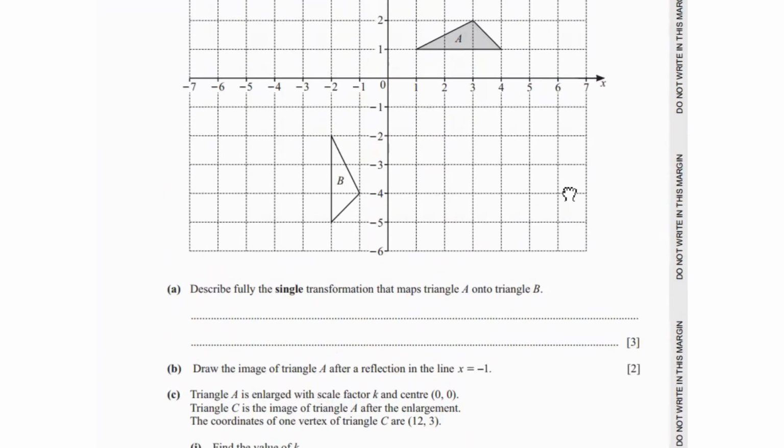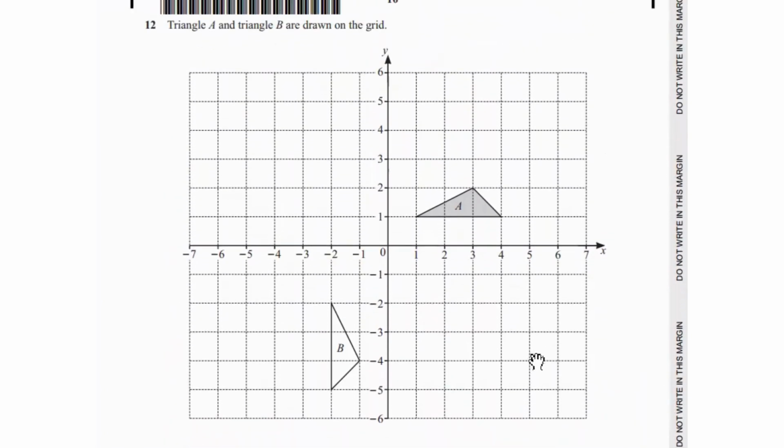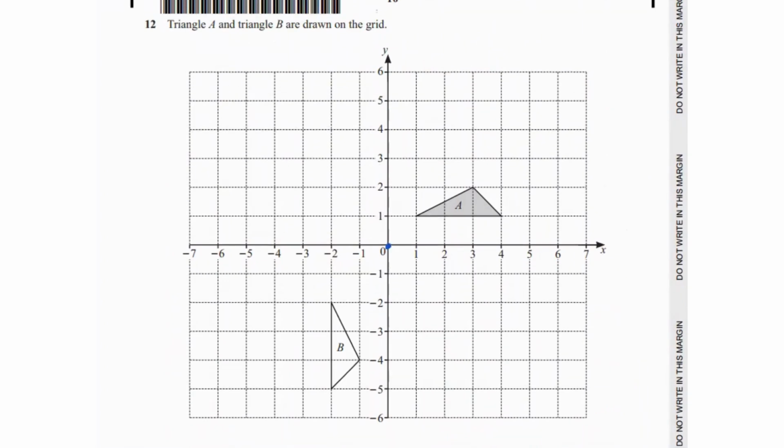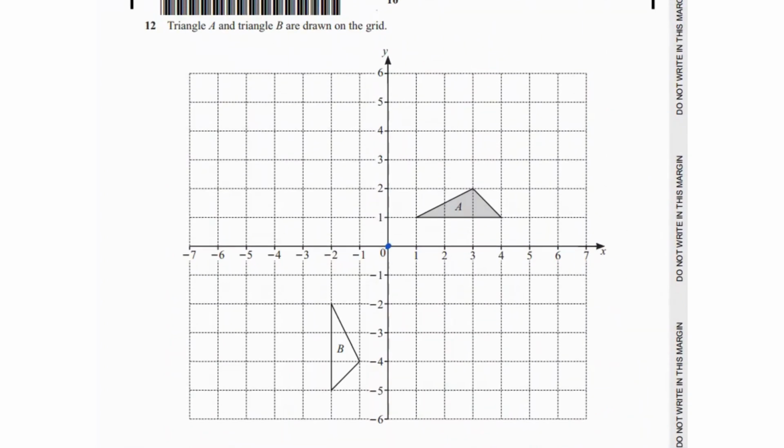Center 0, 0 and 12, 3 is the coordinate. Okay, so we cannot plot that on this axis, but since we're enlarging triangle A, we can assume that 12, 3 would be this one.